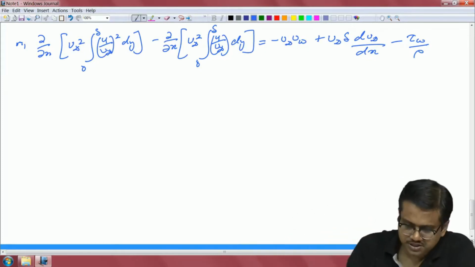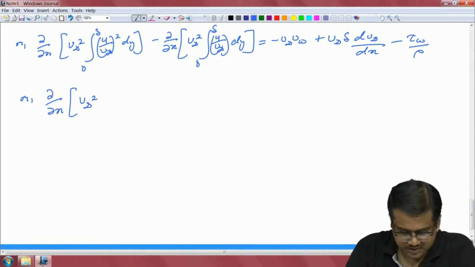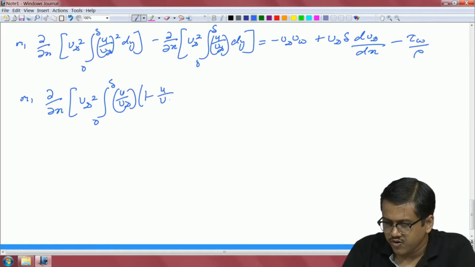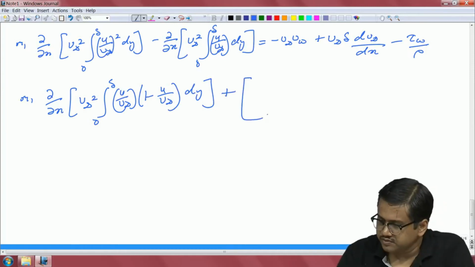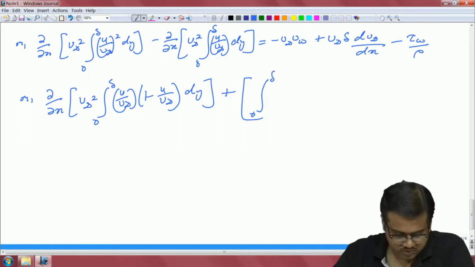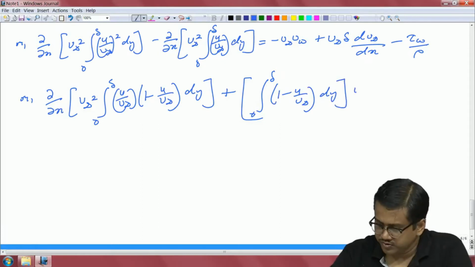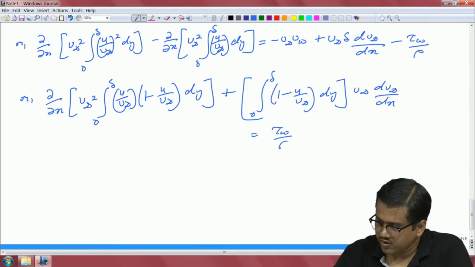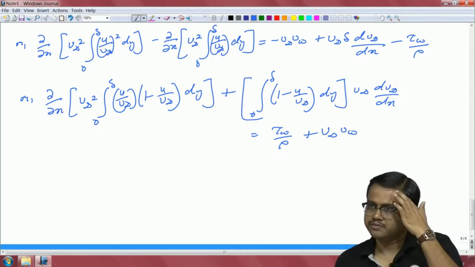So, this is the total expression that you get, and simplify this by a little bit, integral 0 to infinity u by u infinity dy plus, got it.